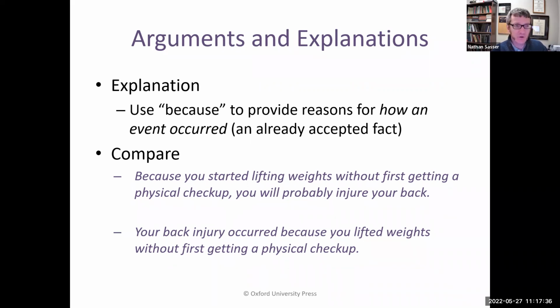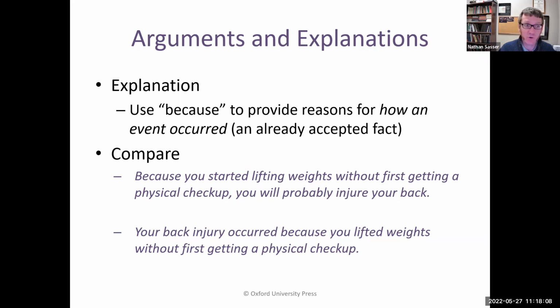All right, let's use my rule. In this case, the form of this sentence is, I'm sorry, going back to my formula, it's because Y, X, where the statement that immediately follows because is Y, and you will probably injure your back is X. Now ask the question about X. Is it taken for granted that X is true, that you're going to injure your back?